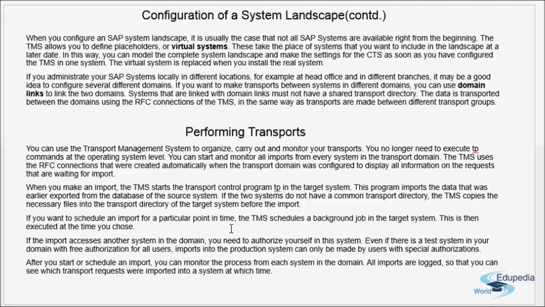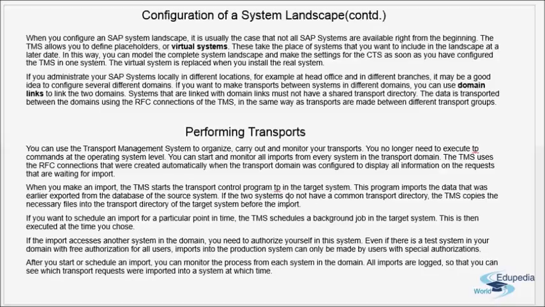All imports are logged so that you can see which transport requests were imported into a system at which time. And for importing, whatever authorizations you have, you need to have some special authorizations for doing the imports.